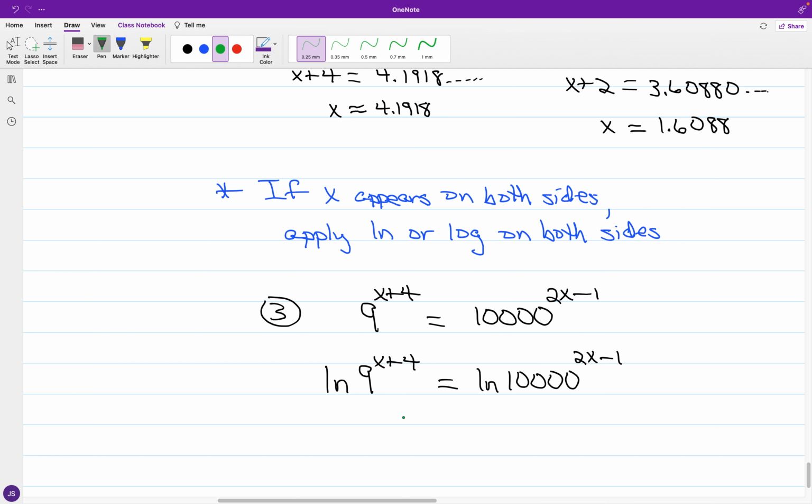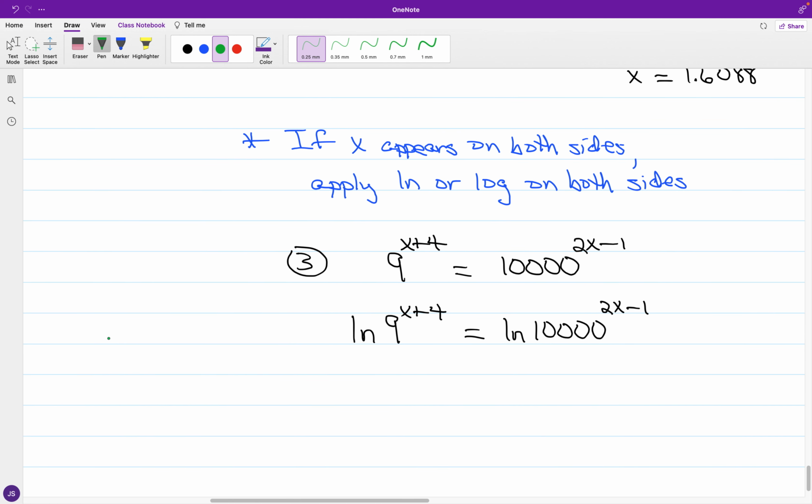In this setting, you're going to use another property, one of the earlier ones. If you don't have a match between the logarithmic and exponential base, say the base A logarithm of m to the r, again the exponents you can rewrite as coefficients. You have r times the base A logarithm of m.